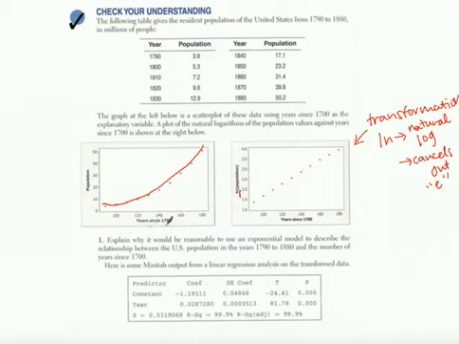So number 1 says, explain why it would be reasonable to use an exponential model to model the relationship between the U.S. population in years 1790 to 1880 and the number of years since 1700. So when I look at this, I see that the second graph was a natural log, like we talked about.